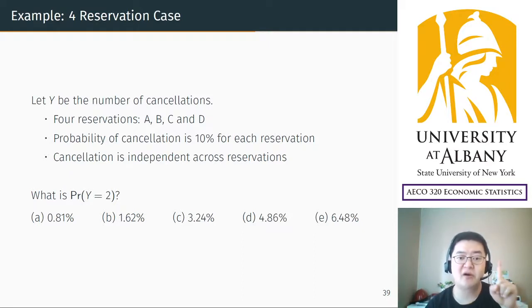That's the first part. And the second part, if you knew who canceled, then what is the probability? So if you can think about multiple pairs of two cancellations out of four, and then for each of them, calculate the probability. So that's how you calculate this probability.